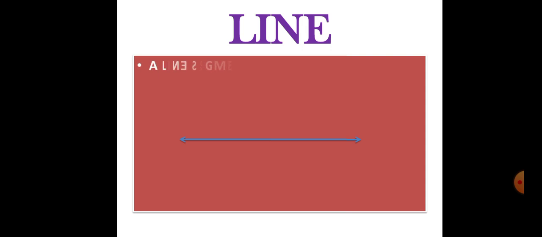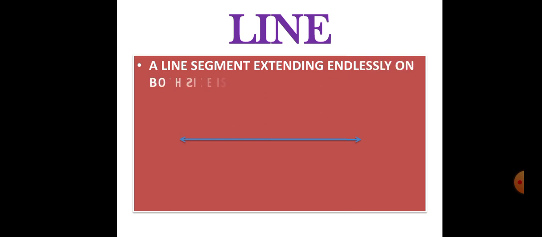So a line segment extending endlessly on both sides is called a line. AB shows a line segment, but the blue line that has arrows on both sides is known as a line.